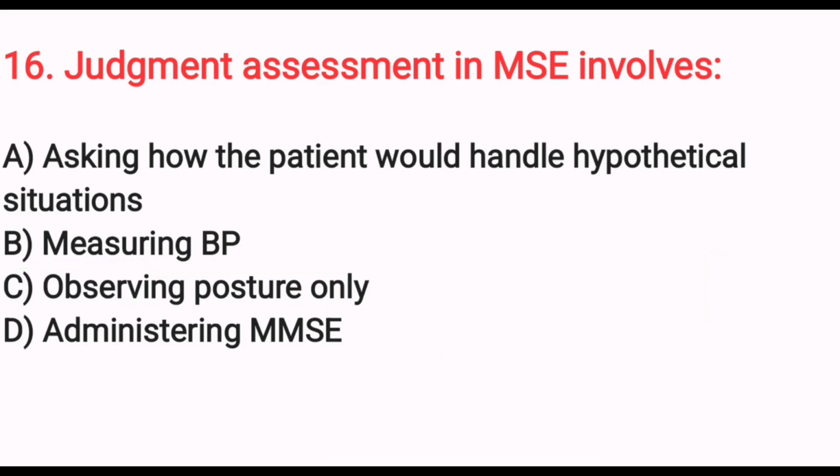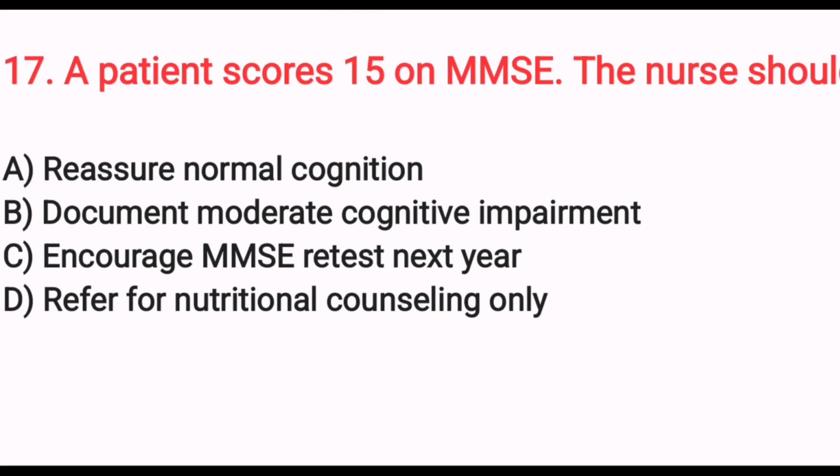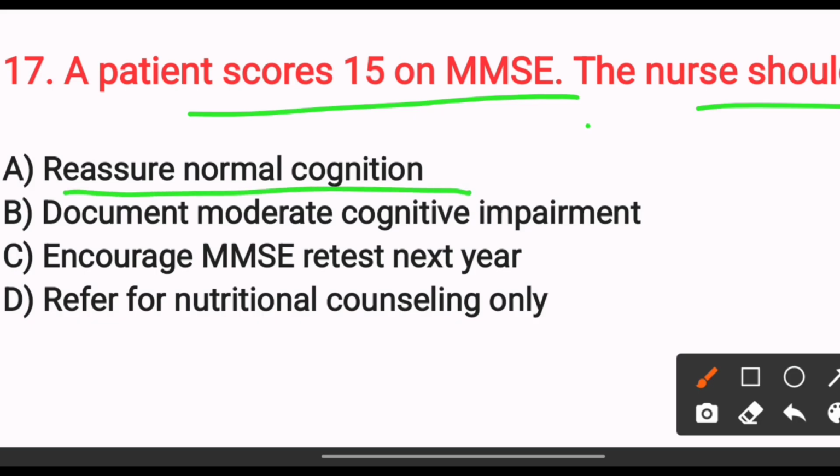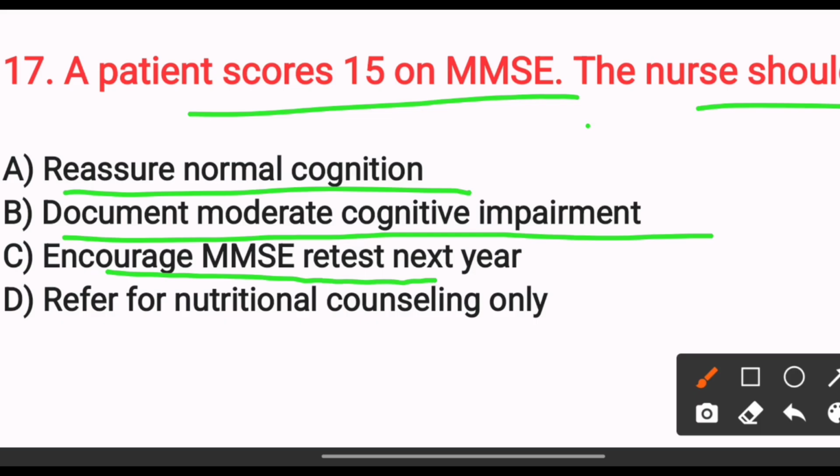Next, a patient scores 15 on the mini mental status examination. What should you do? Option A, reassure normal cognition. Option B, document moderate cognitive impairment. Option C, encourage mini mental status examination retest next year.